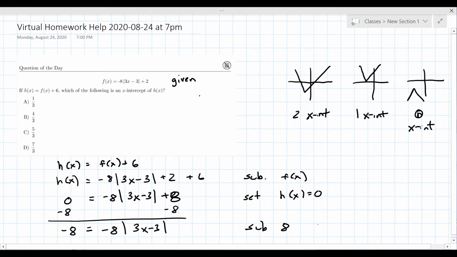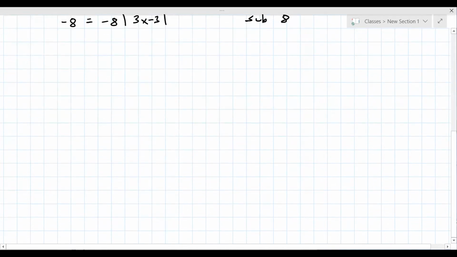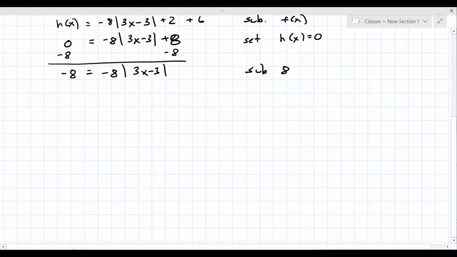And then we're next going to divide both sides by negative 8. So we get 1 equals absolute value 3x minus 3. It's often the case that you end up switching the sides here. So we'll turn this into 3x minus 3 absolute value equals 1.